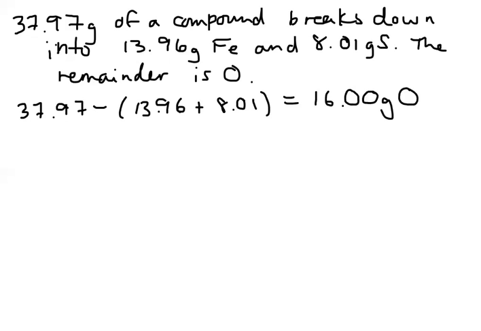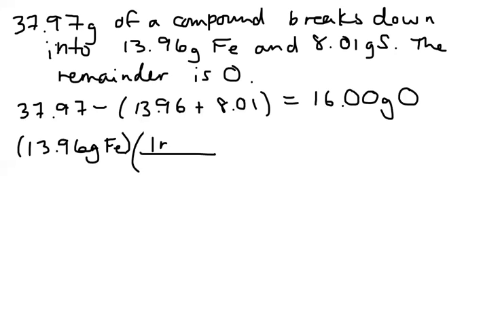Now we can do our first step of the empirical formula, which is what? Find the number of moles of each element. So we do 13.96 grams of iron.